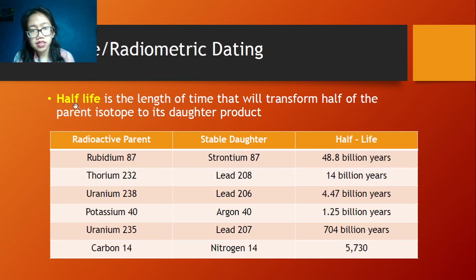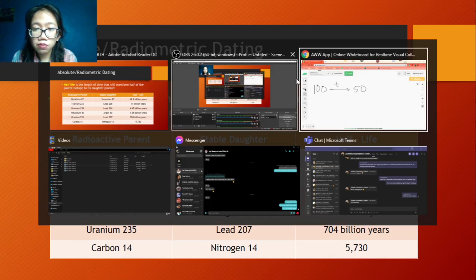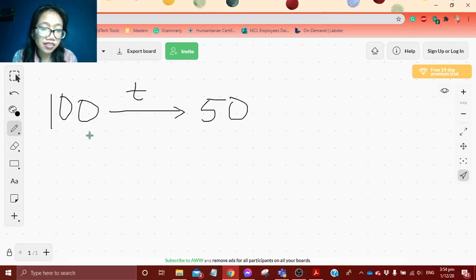So as it states here, the half-life is the length of time that will transform half of the parent isotope to its daughter product. That's why it's called half-life. Okay, so let's give a more exact example.